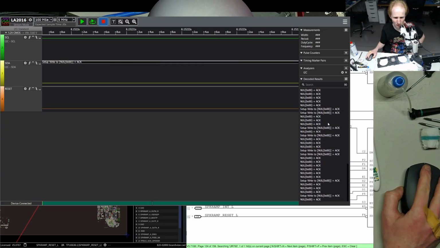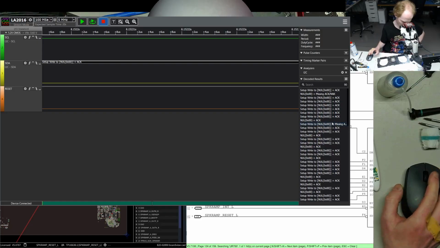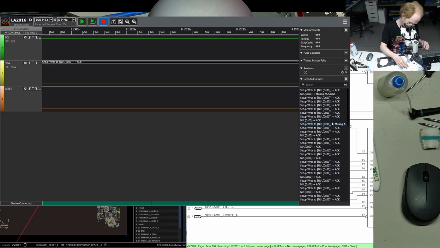Okay, so maybe I soldered this not properly because it's all garbage here. There's nothing really going on here. Maybe the ground was disconnected. So let's do it again.